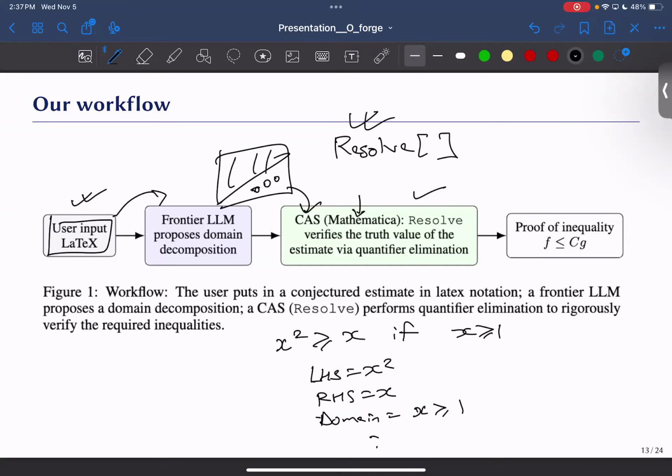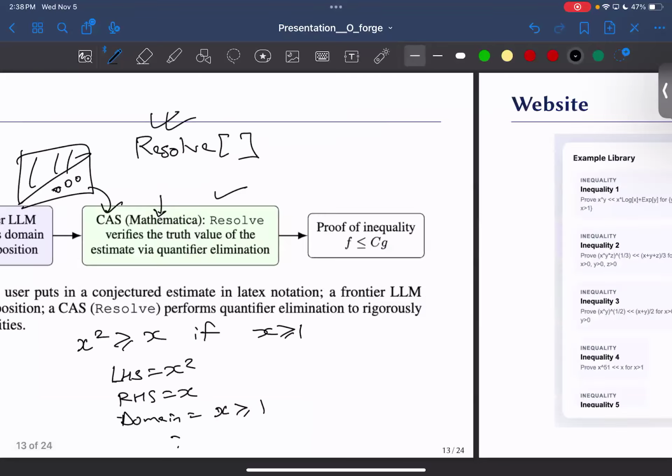Because there's a lot of variability in how humans might put that input, you need an API call. We tried using regex or other things that can extract the expressions from the input, but there's so much variability that you just want to use an API call. And it's able to create the right kind of instance for further inference.